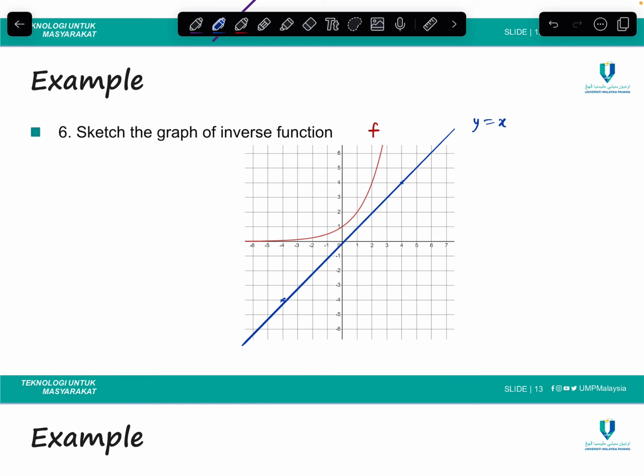So we imagine we have a mirror here, and then you must draw the reflection of that curve. Okay, so to draw that, let's take some points. For example, we measure the number of boxes here to guide you.